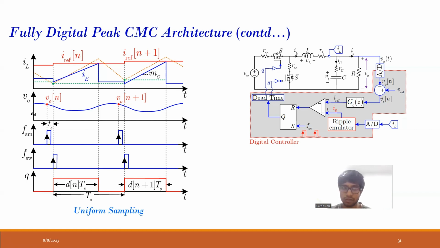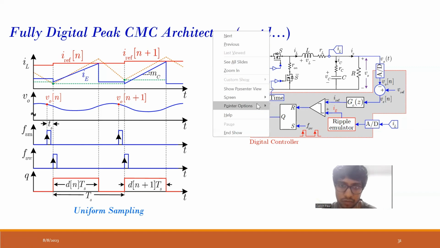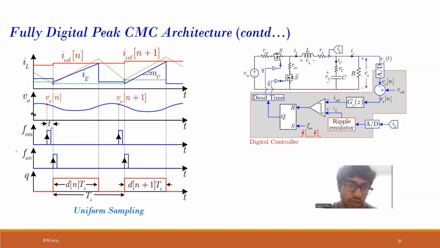Okay, so let me just show. Assume this is IE of n. There is a point here and a point here. This point is I valley of n, and this point on the top is I valley of n minus 1.